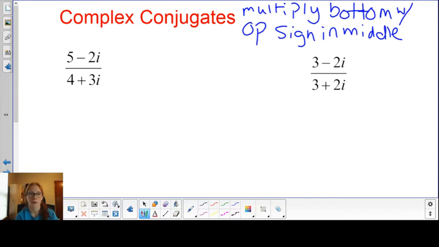So we're going to multiply this first one by 4 minus 3i over 4 minus 3i. The idea is to get rid of the i's, the imaginary, the complex stuff in the denominator. We don't like having non-real things in the denominator. Remember, complex is imaginary.